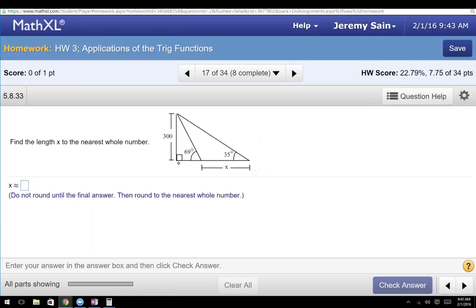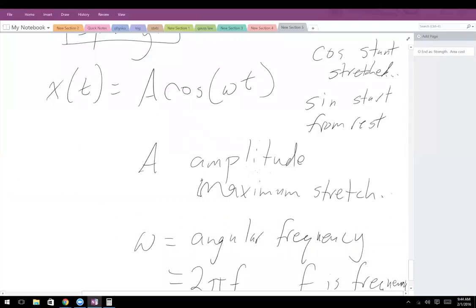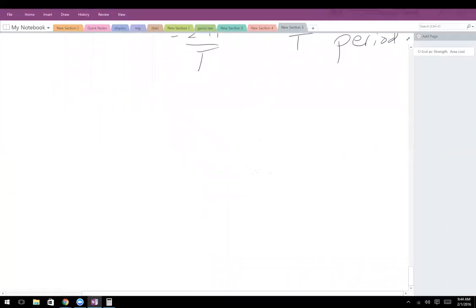So to get the whole bottom, well, you're right, it's tangent, but is it 300 times tangent 35? Would it be basically 300 tangent 35 plus tangent 69? Okay, well, it's going to be minus because we're subtracting them. But what were we going to say, Caden? I was just going to do separate and subtract.